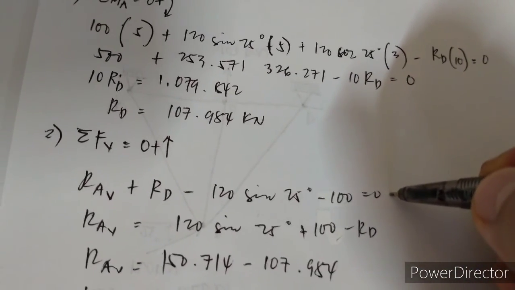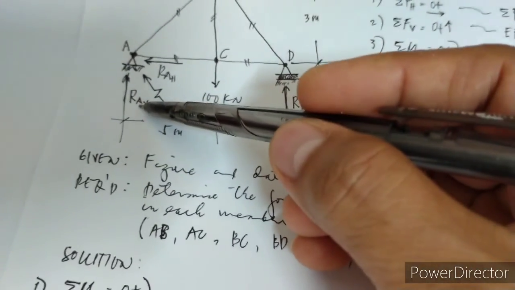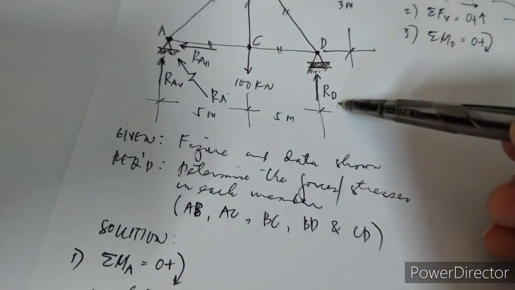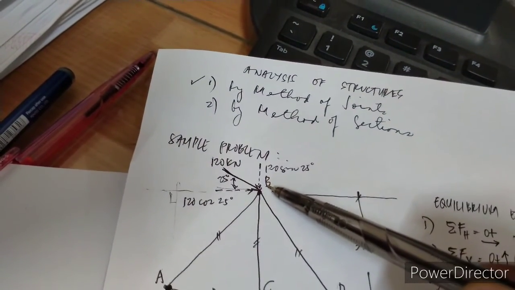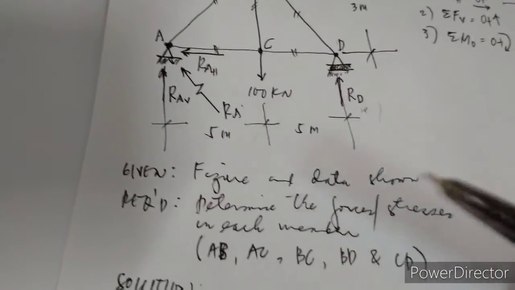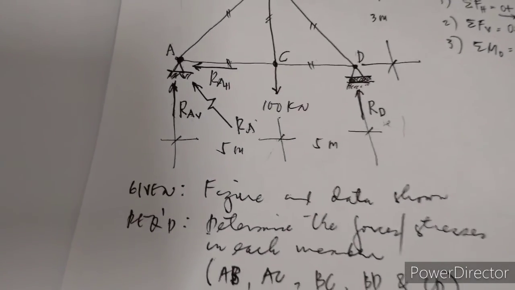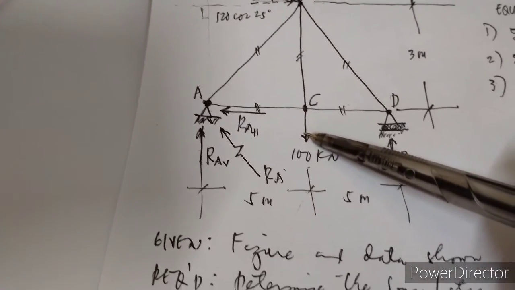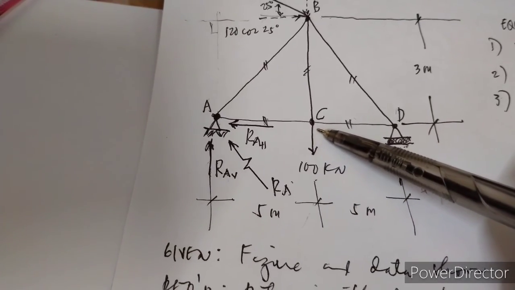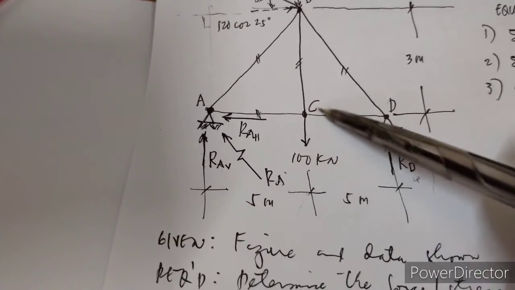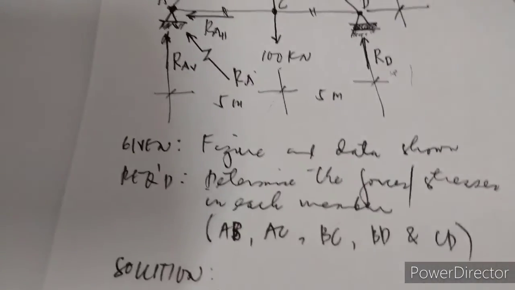So summation of forces vertical, we have RAV going up positive plus RD minus 120 sine of 25 degrees, and of course the load that we haven't included, minus 100 because it's going down. Let's correct it before we go further.